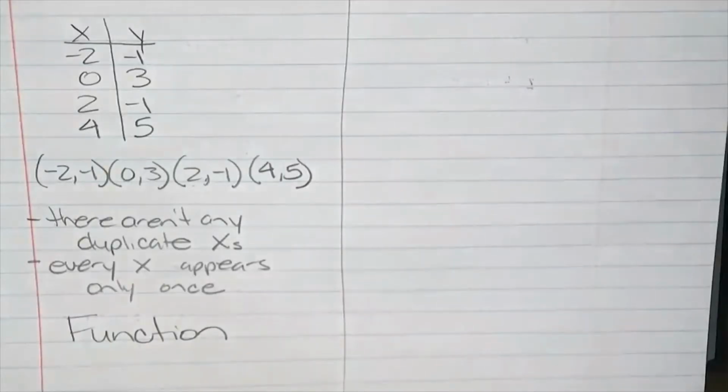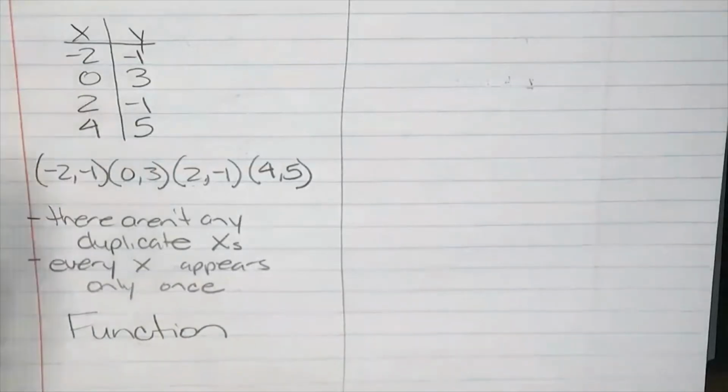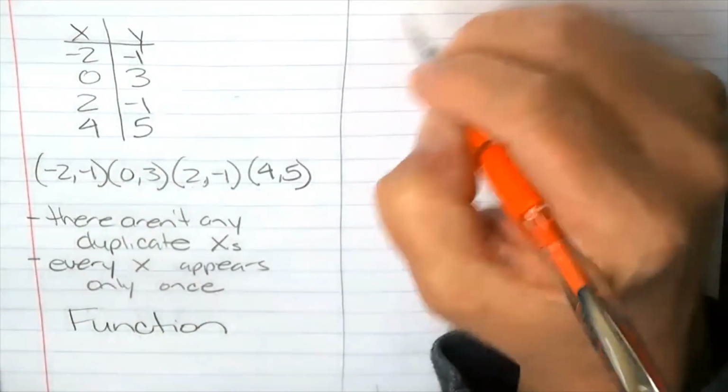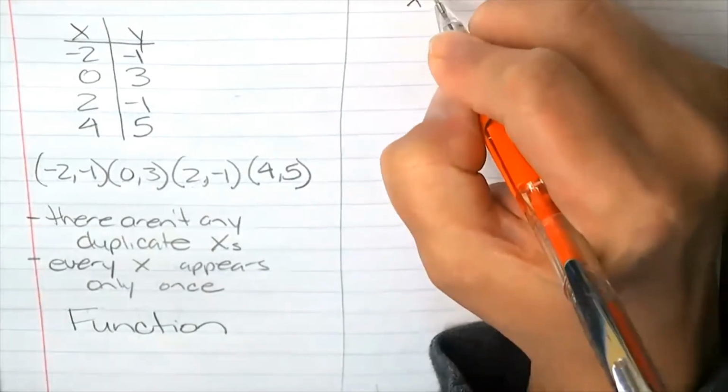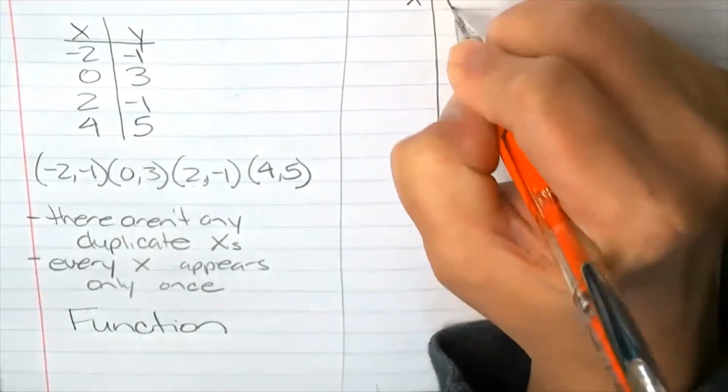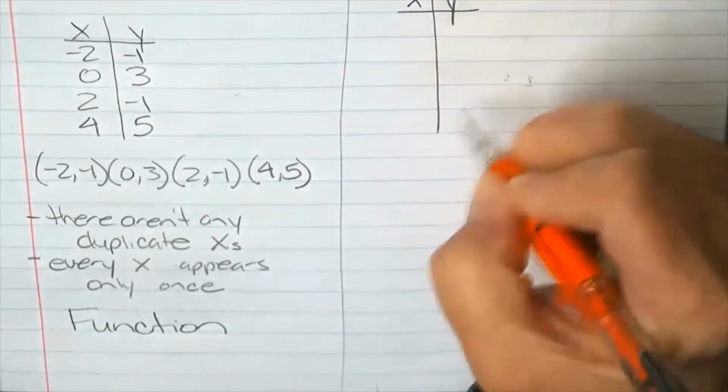Okay, let's talk about what not a function looks like as a table or ordered pairs. What not a function looks like. So here's my table.